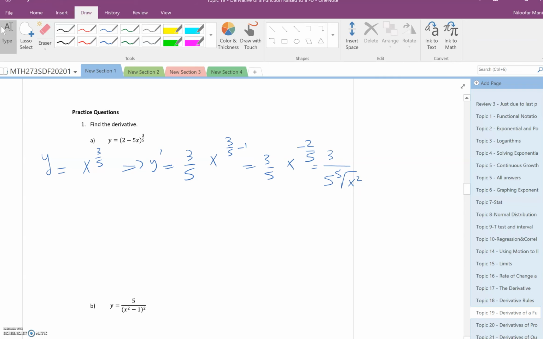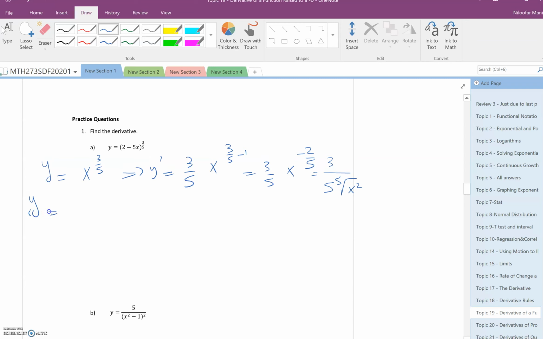Now I have, instead of x, I have something else. That's my u. So u here is 2 minus 5x. Okay? So for y prime, I use 3 over 5 x power 3 over 5 minus 1, which instead of x, I use u.